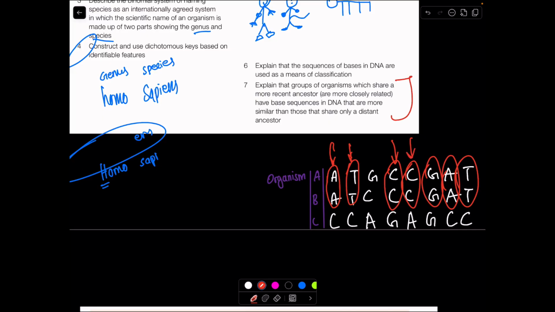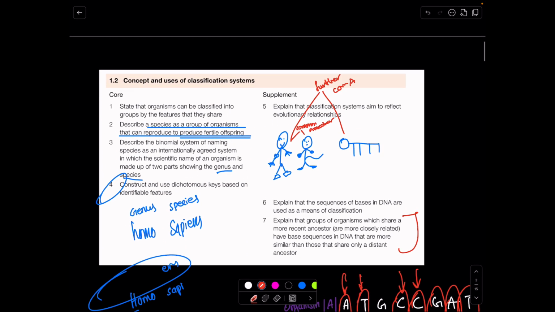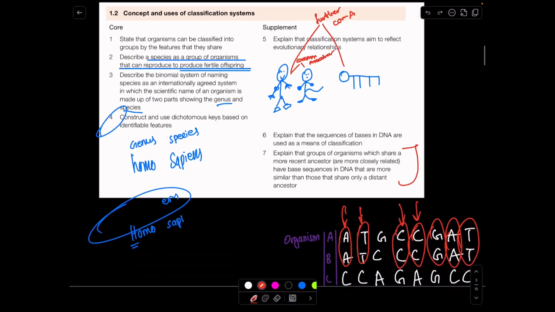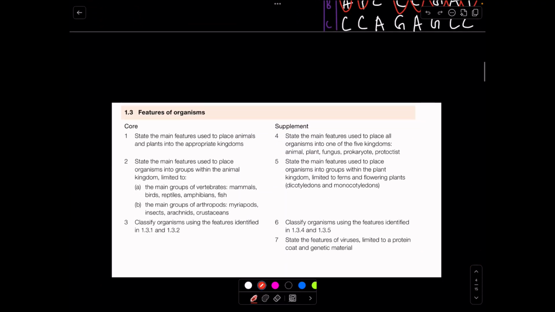And this summarizes point 7, which gets us through point 1.2. So 1.2 in the syllabus is done now. 1.1 is also done. We're left with 1.3, which is the chunky part, okay?